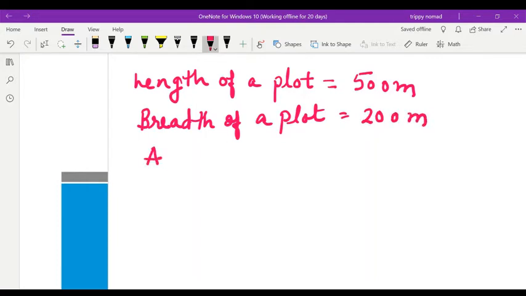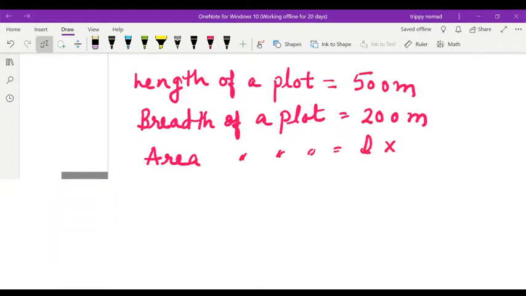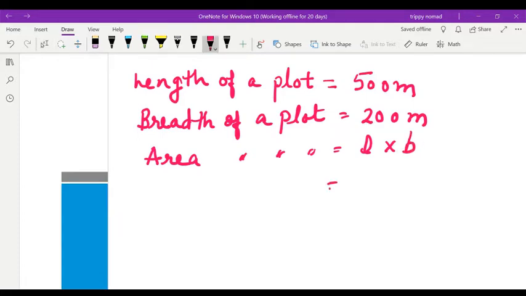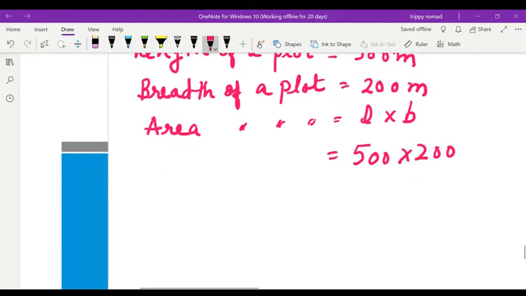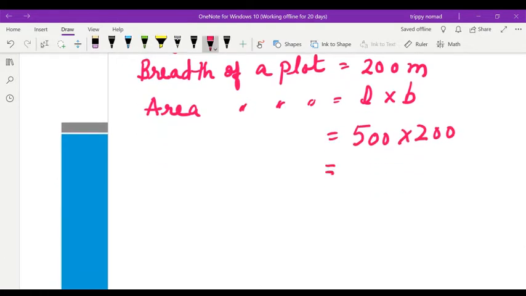Then area of a plot, L into B, 500 into 200. 5 twos are 10 and 4 more zeros. Okay, so what it will be? 1 lakh square meter. Then cost of tilling.